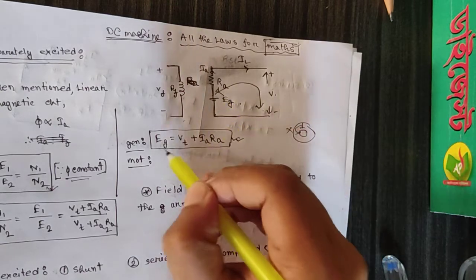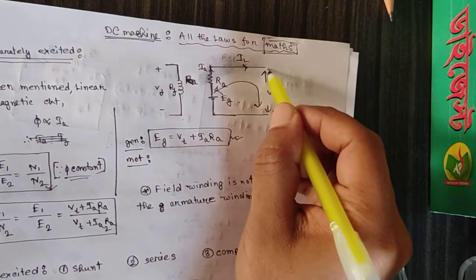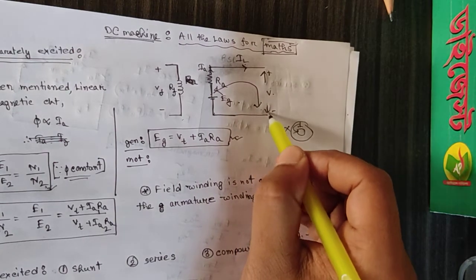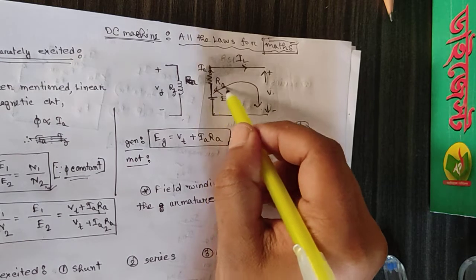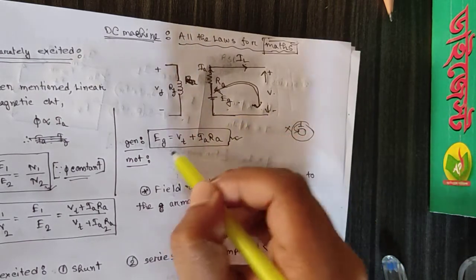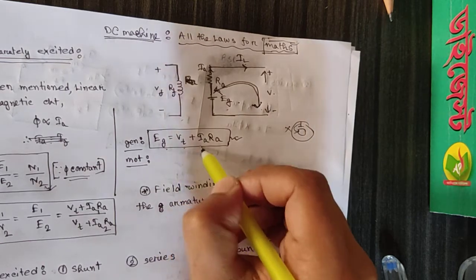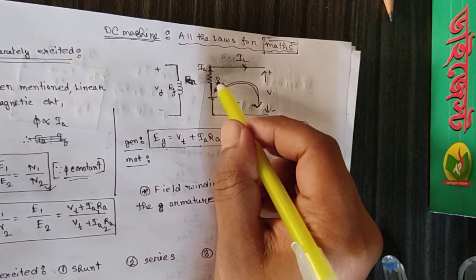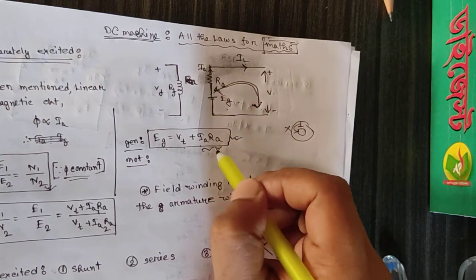As we know, the current is going in this way. For a generator, the voltage drop across all of this equals the generated EMF. That's why we write induced EMF equal to terminal voltage plus armature current into resistance. This is the armature drop.